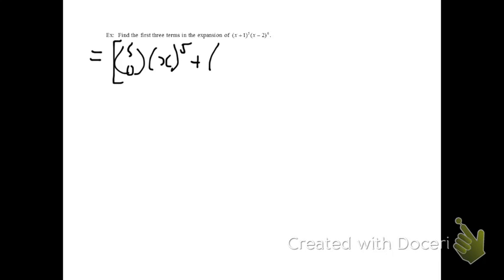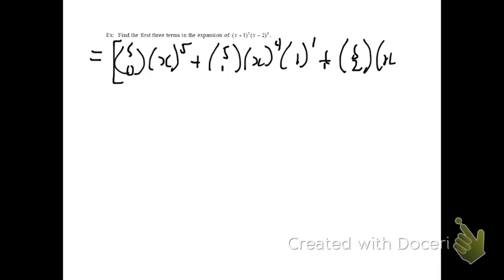So then the next one is 5 choose 1 times x to the power of 4 times 1 to the power of 1, plus 5 choose 2 x to the power of 3 and 1 to the power of 2. And we're only interested in the first 3 terms.